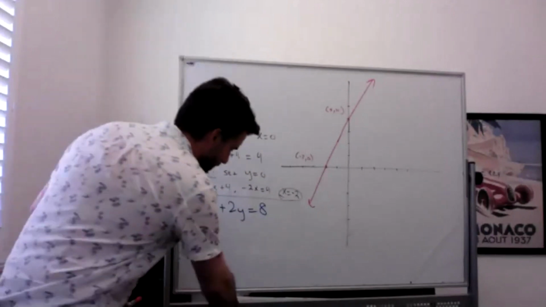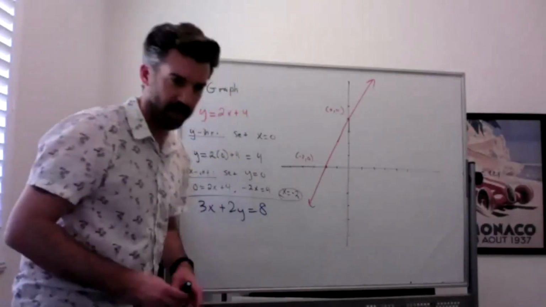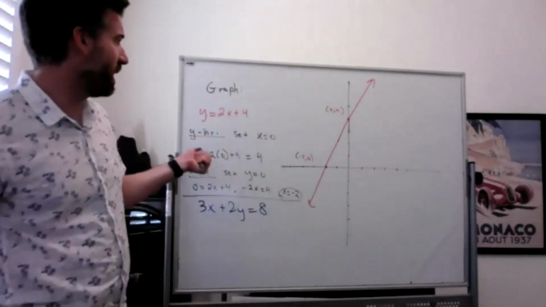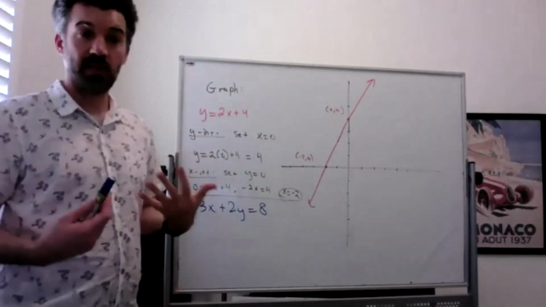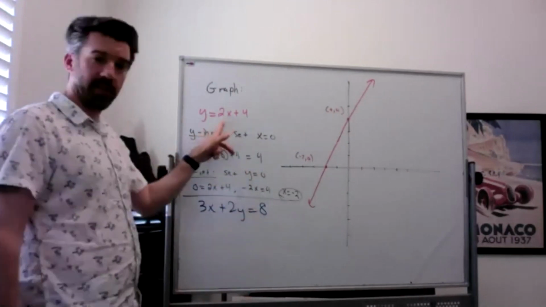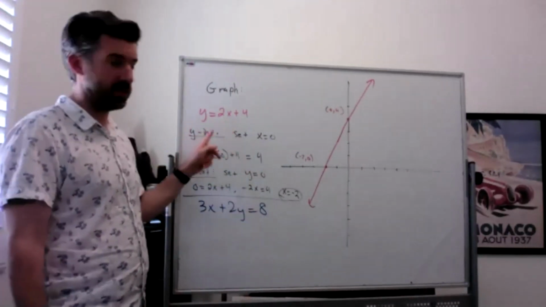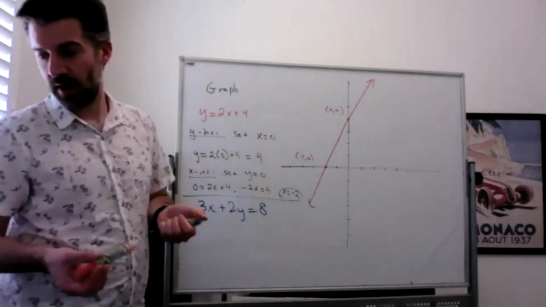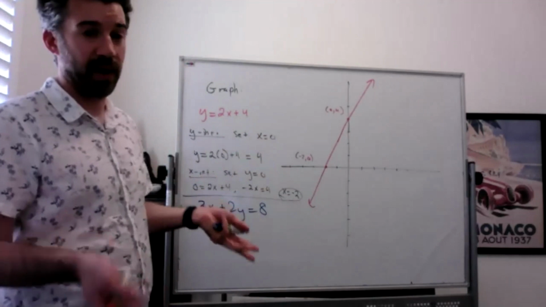So you'll notice, well, actually, I should say a couple things before we do that. So this line in red, the slope is 2, right? There's our slope right there. Coefficient of x, y equals the slope times x plus b. And we notice that when you think about slope, there's a couple of ways to think about it.